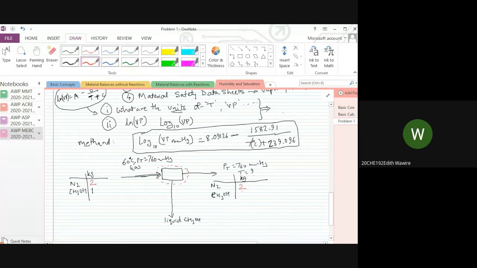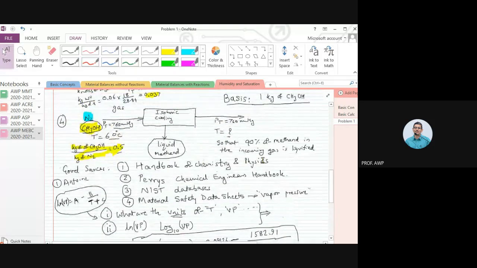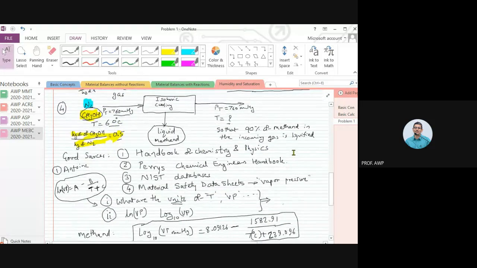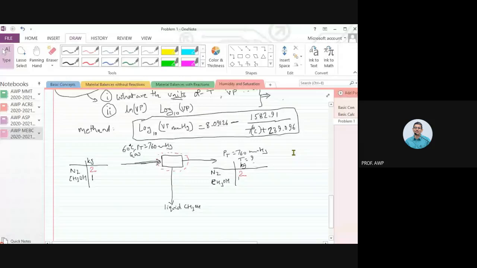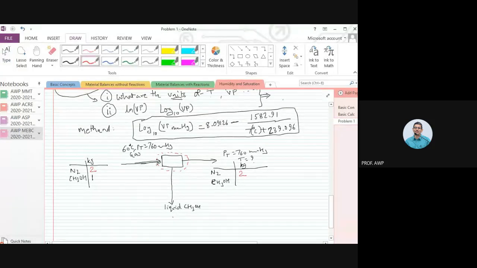Now we want to condense how much methanol? 90% of the methanol we want to condense in the liquid form. That means this liquid methanol, if I write in terms of kgs, we want it to be 0.9. And therefore, for this red control volume, we will want the methanol going out in the gas to be 0.1 kg. Is that okay?